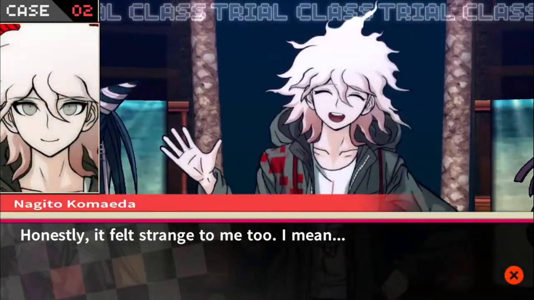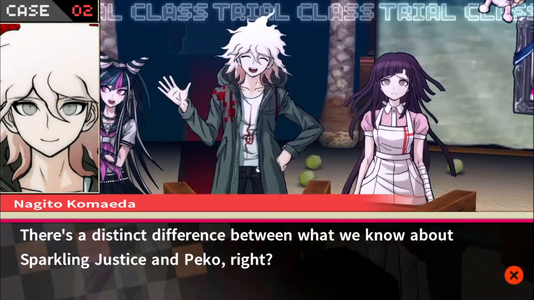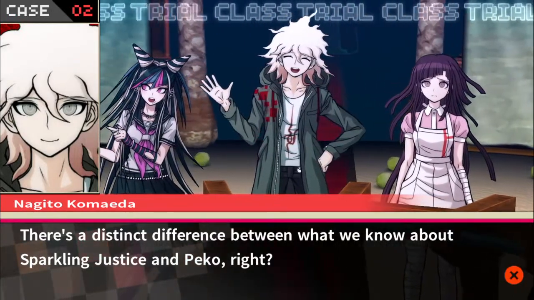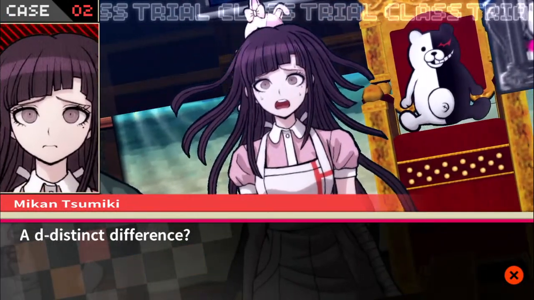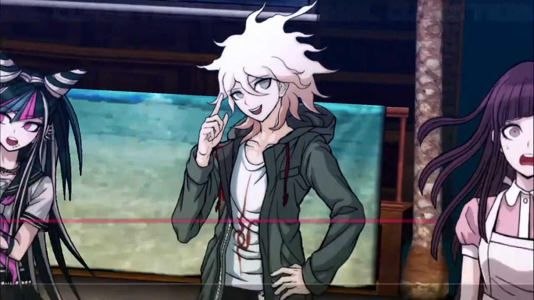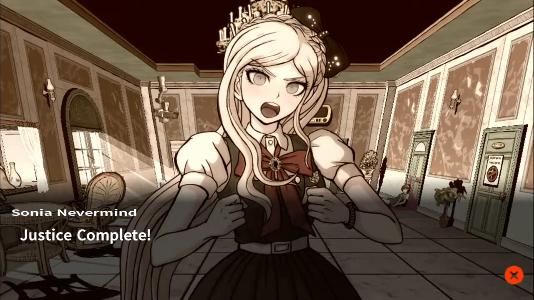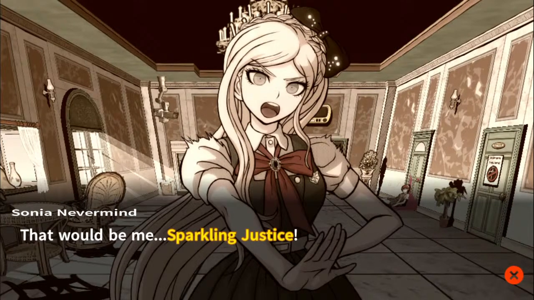Honestly, it felt strange to me too. I mean, there's a distinct difference between what we know about sparkling justice and Peko, right? Distinct difference? You know, Sonia describes sparkling justice like this. Justice complete! The center of justice that is pierced by justice! The lead star of justice that shines in the night sky! That would be me! Sparkling justice!